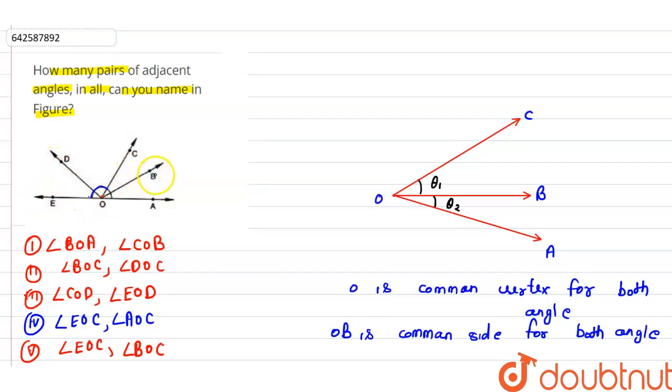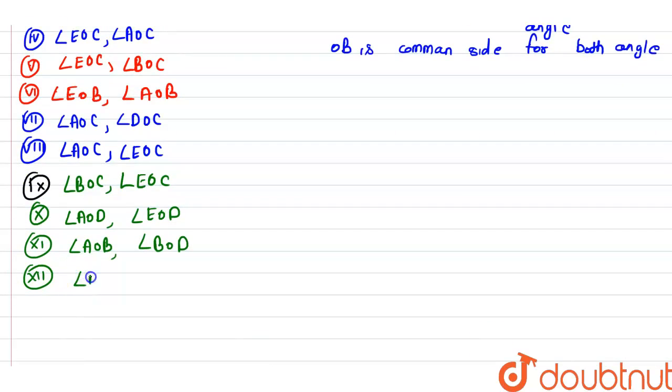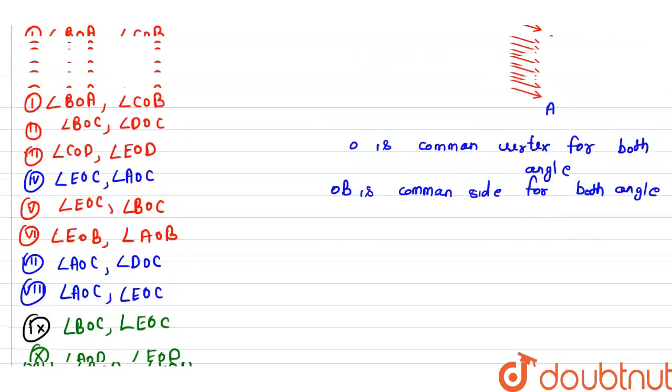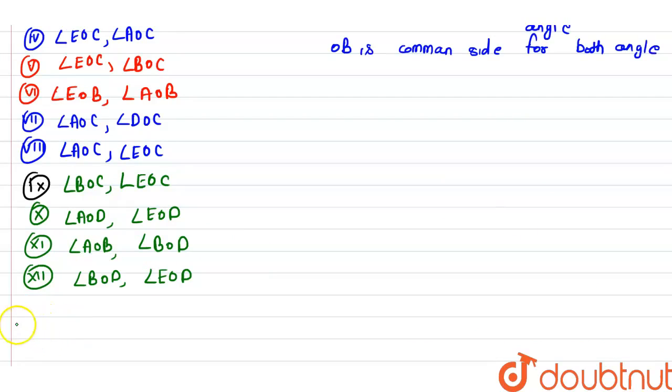Here the vertex is O and OD is a common side in both angles. Except for these 12 pairs of adjacent angles, no other adjacent pair of angles is possible. So only these 12 pairs of adjacent angles are possible in the given figure. This is our answer.